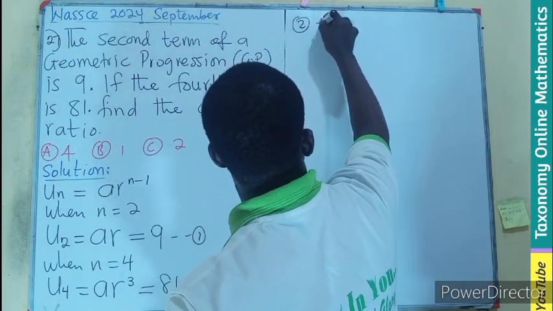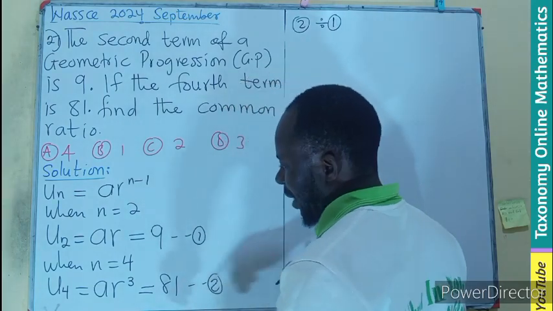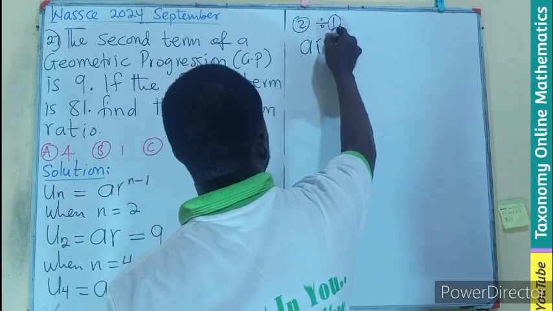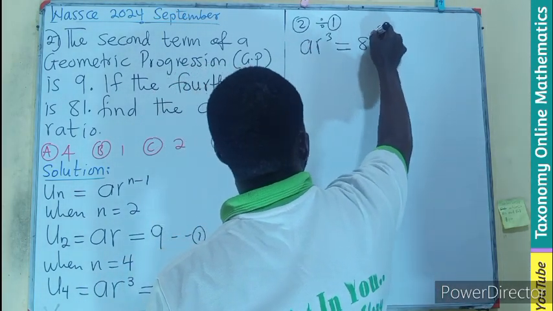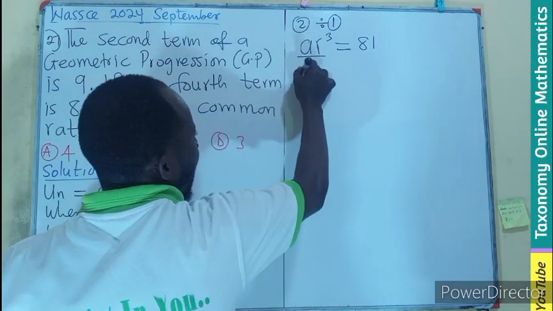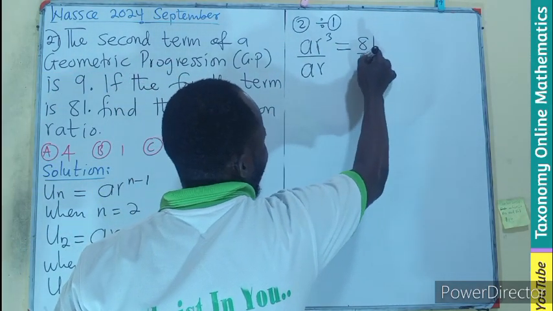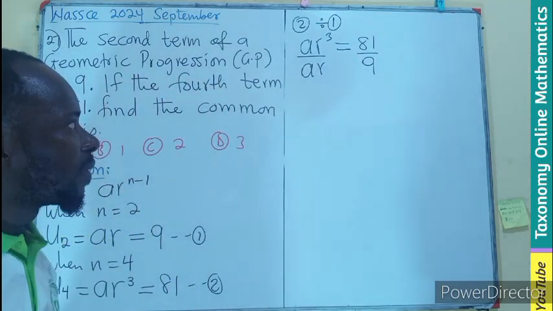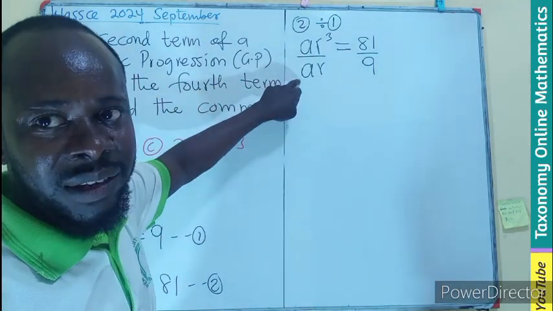equation 2 divided by what? Equation 1. That simply means ar exponent 3 equals to 81 divided by the ar, this divided by what? 9. So a divided by a will cancel.